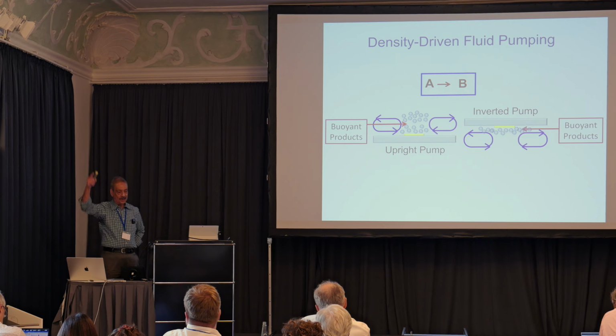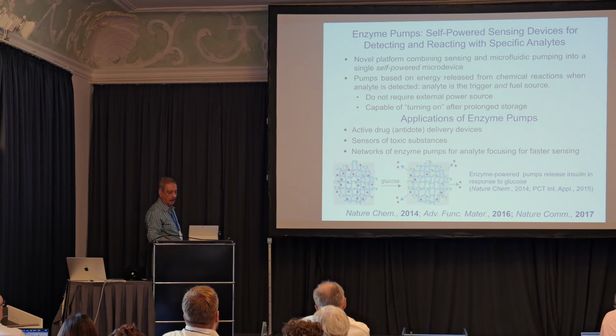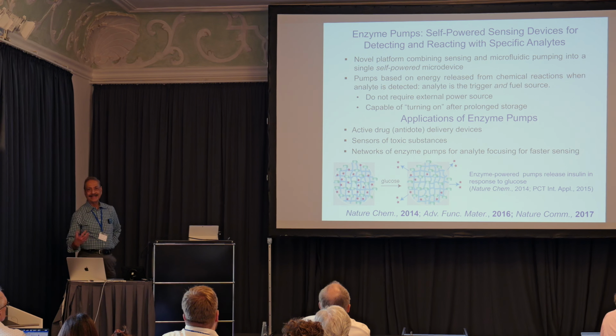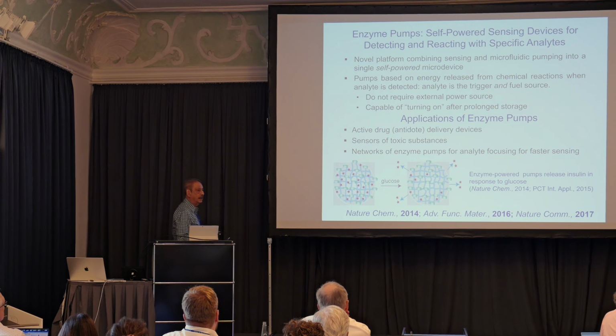And then right at the top, again, no slip boundary. So you get an S-shaped curve if you measure the velocity as a function of the height. Okay, so these are really pump sensors, because they only pump when they sense their own substrate. So they can sense and pump.